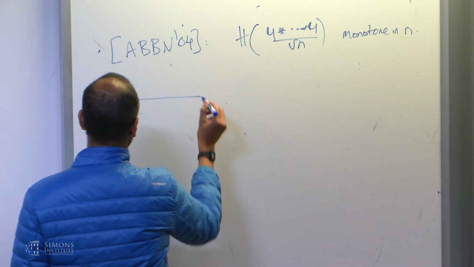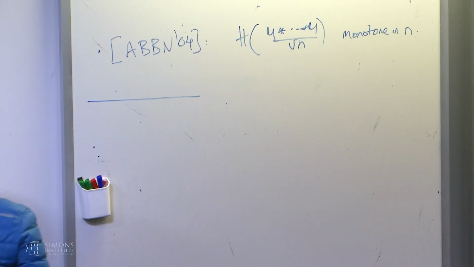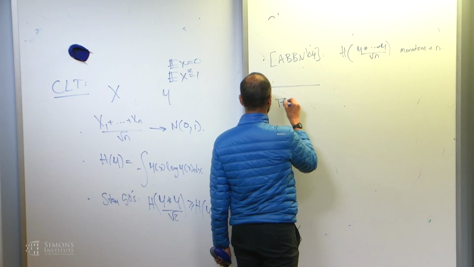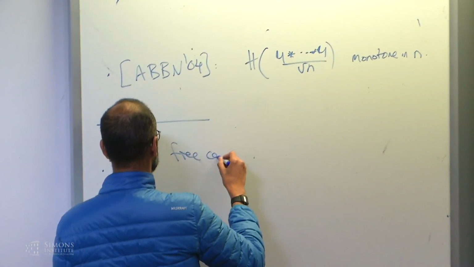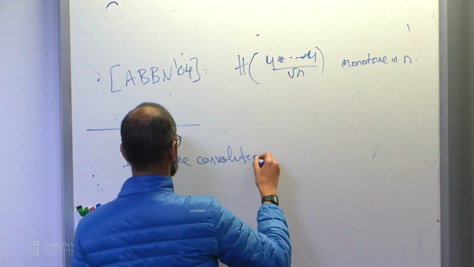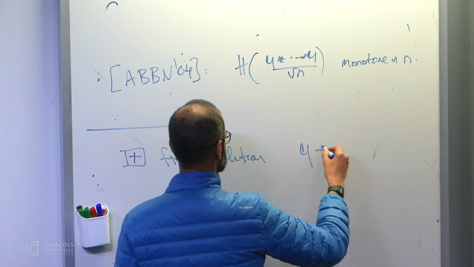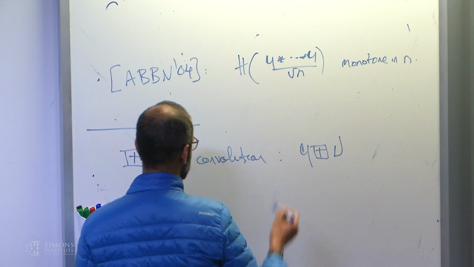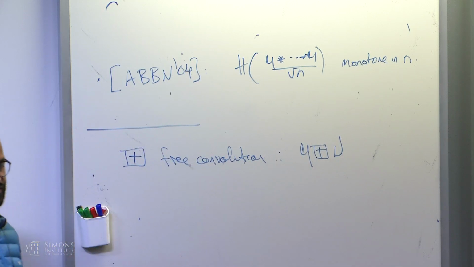Okay, so what I want to talk about is, maybe before that I should mention there's an analog of this in free probability, which we heard a little bit about today. There's an operation called the free convolution. It takes two measures and spits out another measure. I won't redefine what it is. It's some different notion of independence.